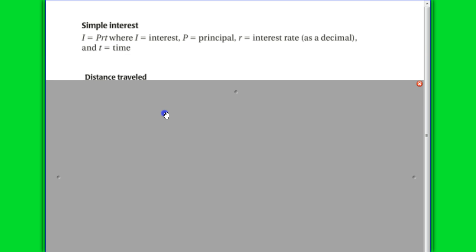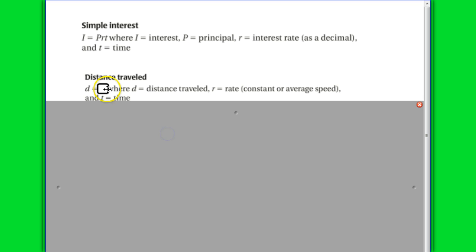Okay? We also used the distance formula, which I think is the most commonly used linear equation for real world problems. Remember it? Instead of PRT, we had D equals, say it, Raquel? RT, dirt.